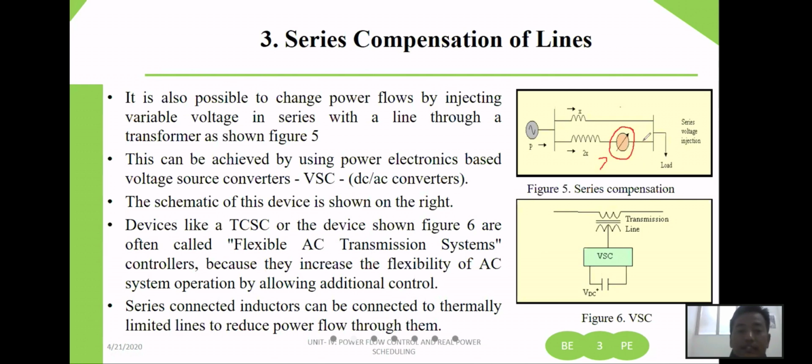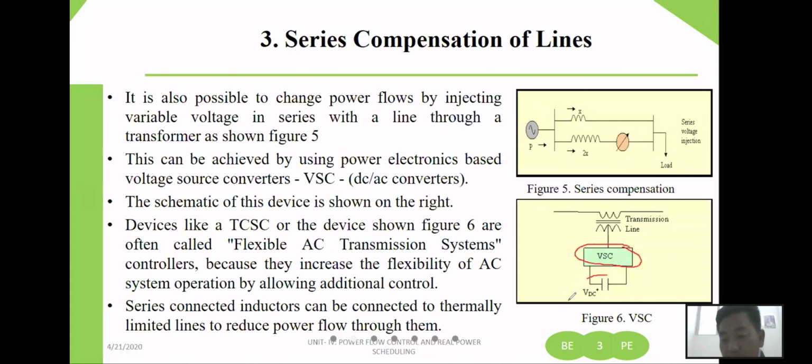So now, how to do this: it can be achieved by using another power electronic device which we know as a VSC, or DC to AC converter. Here, VSC, DC to AC converter, where you will have a DC source.